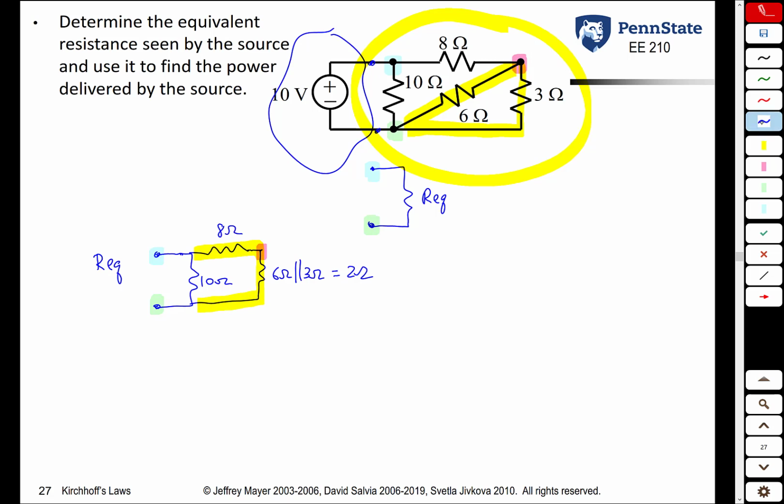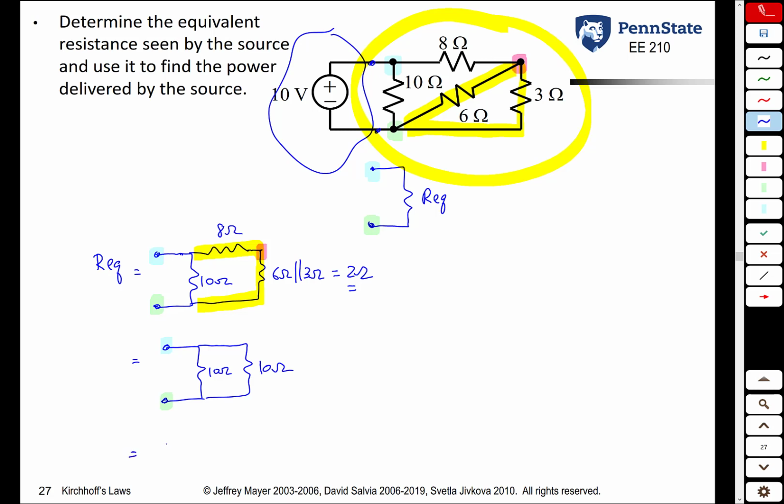So we can now go another step. The 8 plus 2 is 10. Let me keep my same color coding. I think that's useful. We still have this 10 ohm resistor here. And now the 8, which is in series with this 2 ohm resistor we created in the previous step, now gives us a 10 ohm resistor.